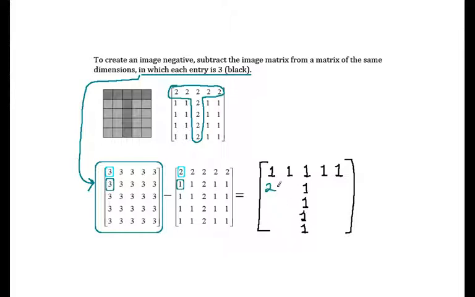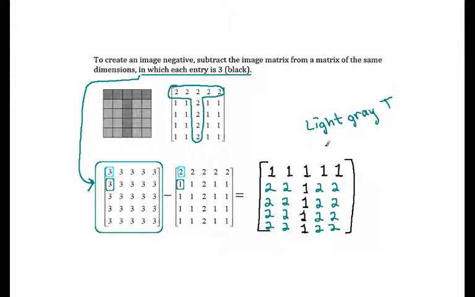So everywhere that I had a 1 in my image matrix, I now get a 2. And I can see that the result is a light gray T on a dark gray background. That's the exact reverse of what we started with.